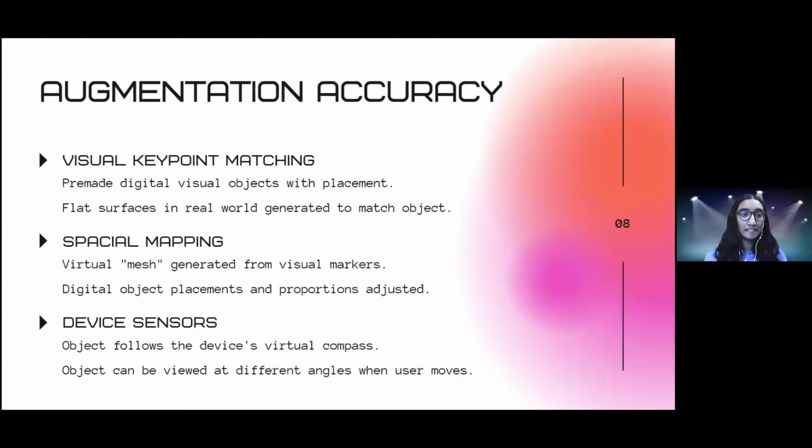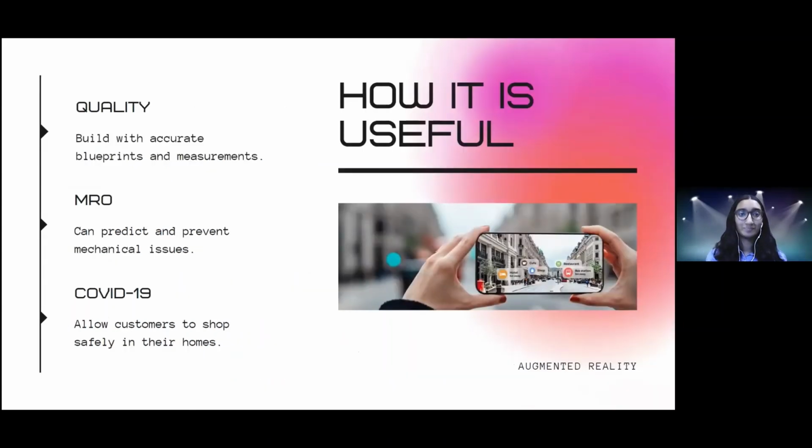Because of this, the object can be viewed at different angles based on how the user is moving. This is very similar to how a user would look at a physical object that is actually there. As I'm looking here, I could see different angles of my hand, but my hand would just be an augmentation instead of it physically being there.